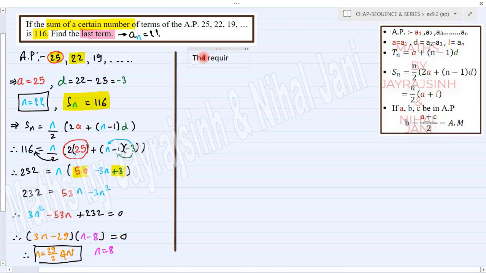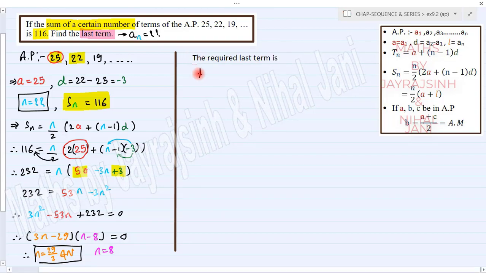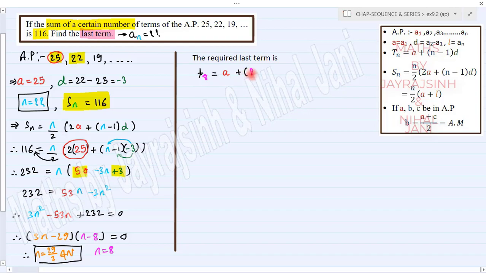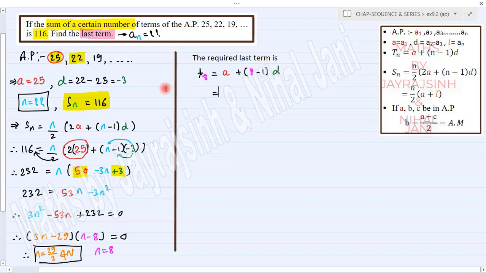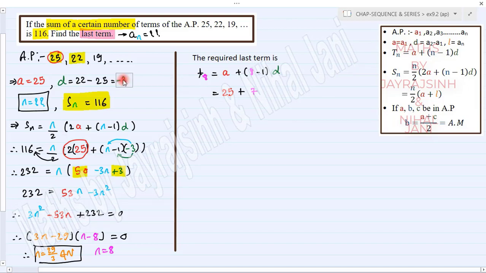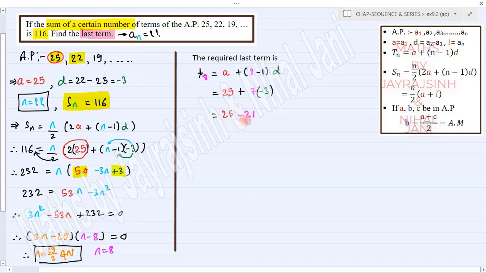So we can say the required last term is T8. So it will be a plus 8 minus 1 into d, where your a is 25, plus 7 times d, which is minus 3, or we can say 25 minus 21 will give us T8 is equal to 4. Ta-da!